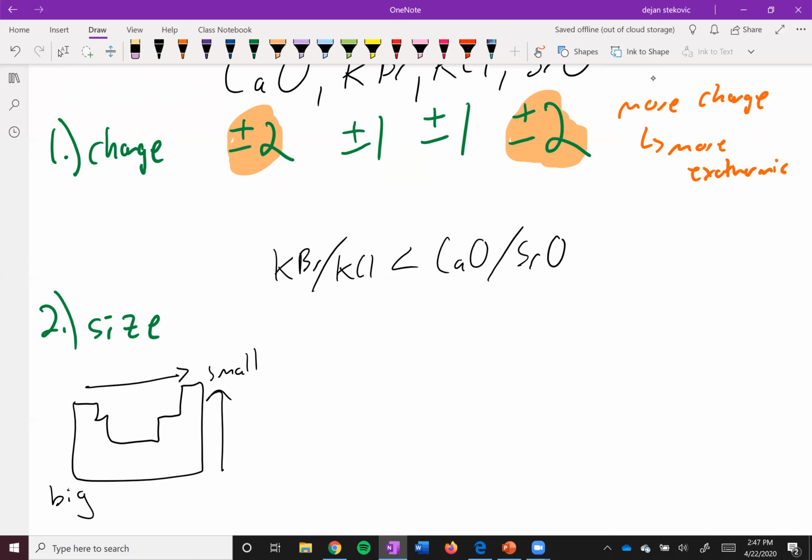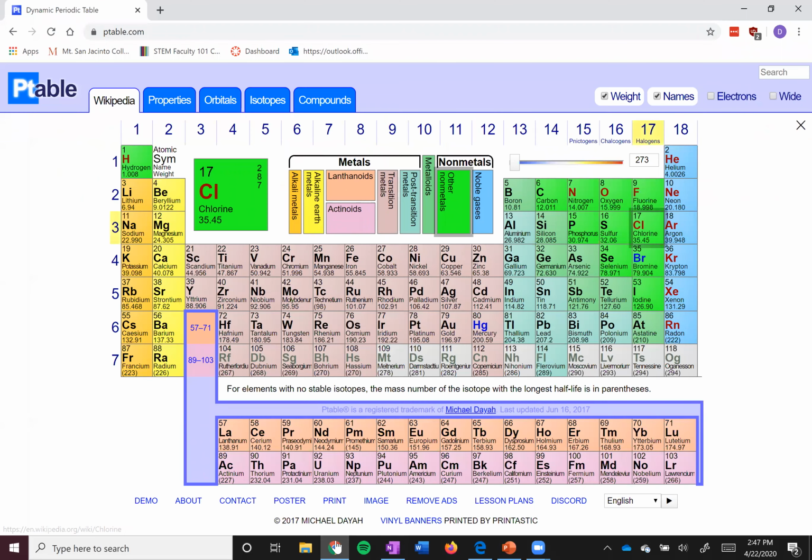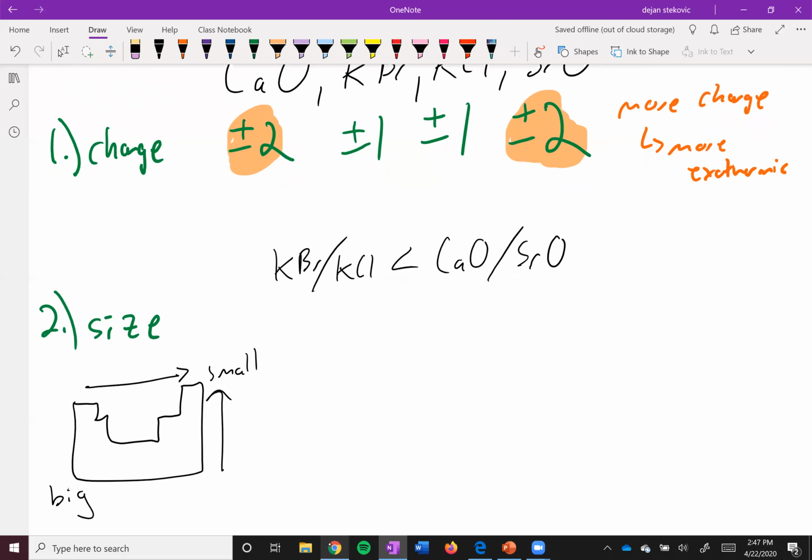If we look at our periodic table, chloride's over here, bromide's under it. So chloride is smaller relative to bromide, and bromide is big relative to chloride.